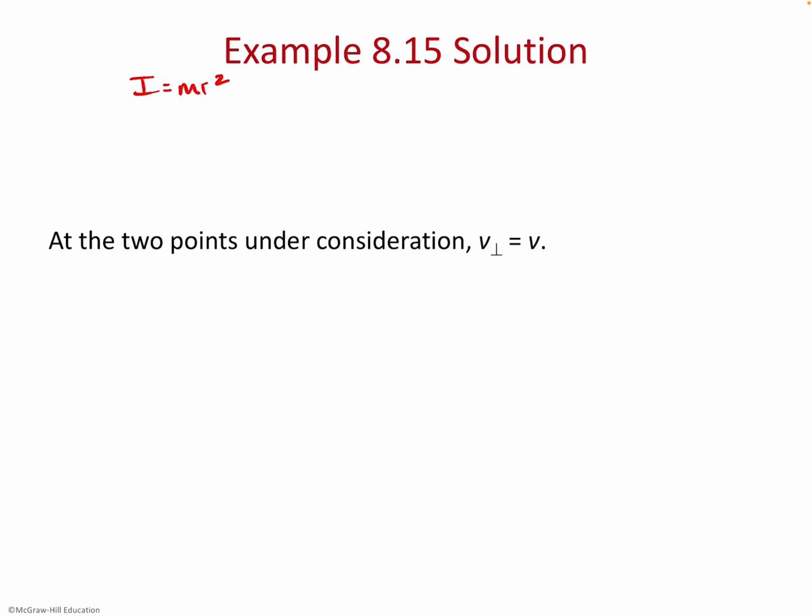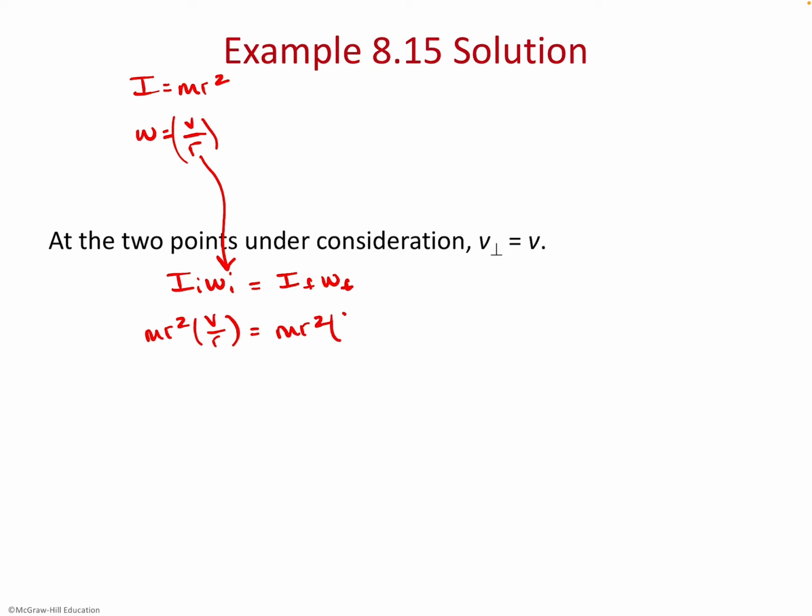Well, it's okay because we can convert between the two by using that. All right, so we've got the same equation as we had before. So we've got mr squared, and then you can take this equation right here and plug it in for w. So vR is equal to mr squared vR.